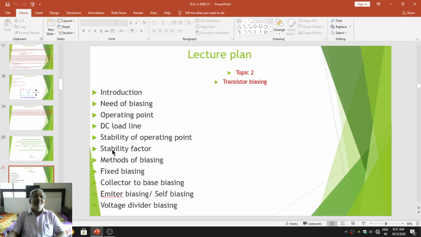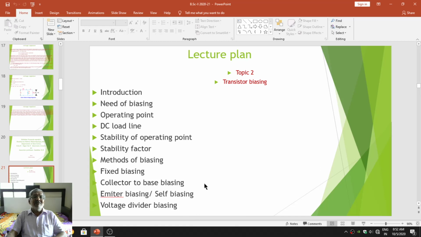Then we are going to study methods of biasing the transistor. What are the different methods used to bias the transistor and which is best suitable one? In that we are going to study fixed biasing method, collector to base biasing method, emitter or self biasing method, and last and important one, that is known as voltage divider biasing method.